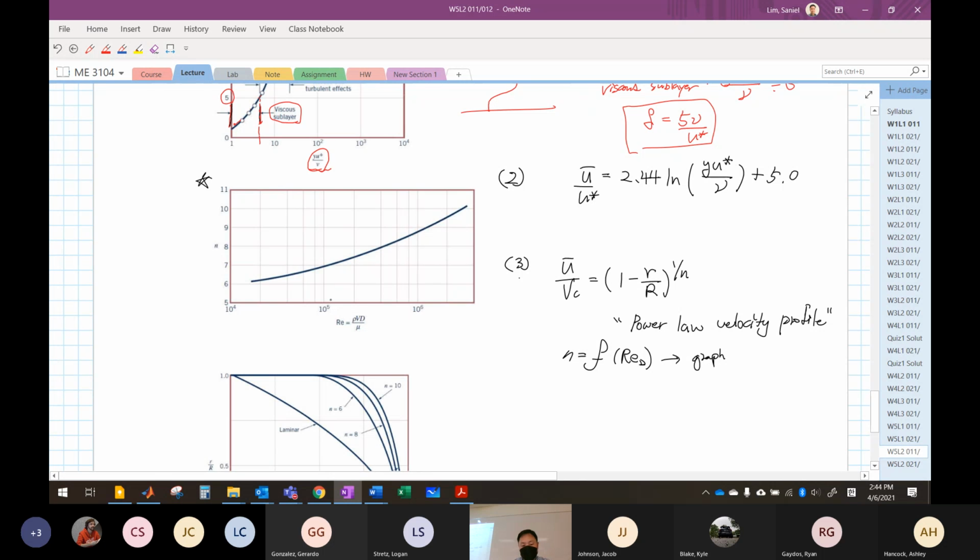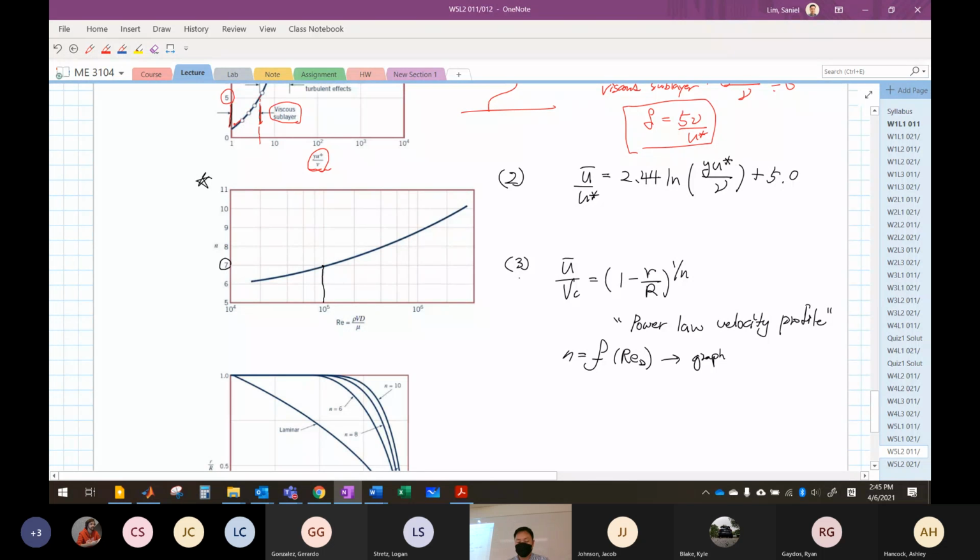Let's say I have a 100,000 Reynolds number. Then I know, okay, n is 7. Then you can just put n equals 7 into the equation that says, all right, if I have the average velocity of the flow, then I can solve this equation for the velocity at the center line.